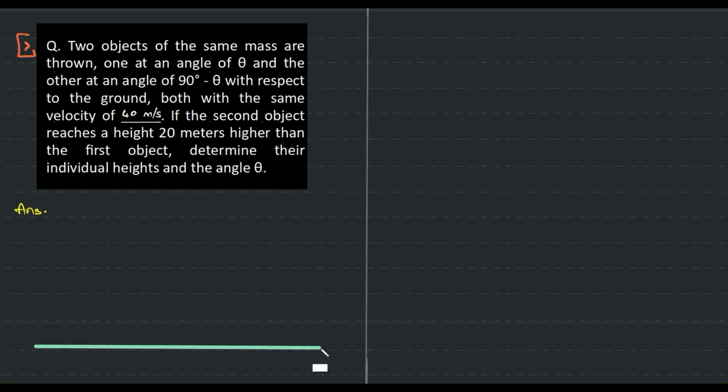Okay, so what we have here is the ground, and the first object and the second object being thrown.